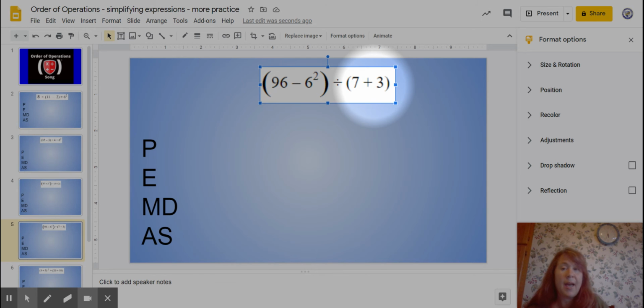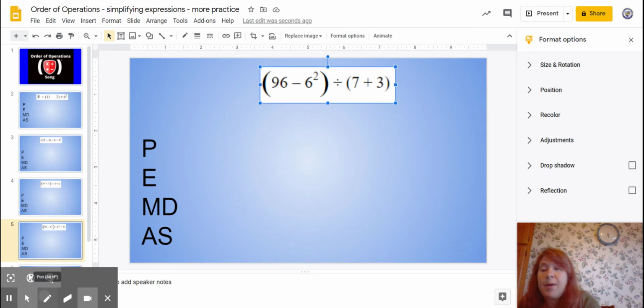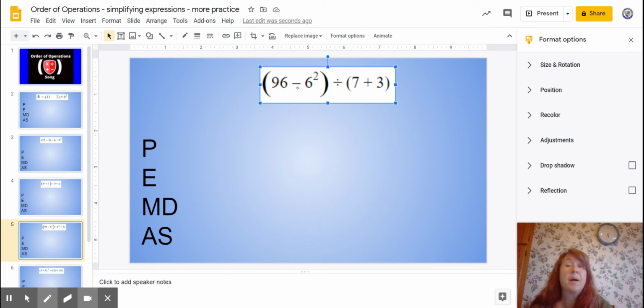So when we're looking at our order of operations here, we're going to grab our pen. We're going to start with the things that are in parentheses. This time I'm going to start with my 96 minus 6 squared. Again, it doesn't matter which set of parentheses you do as long as you do them both.